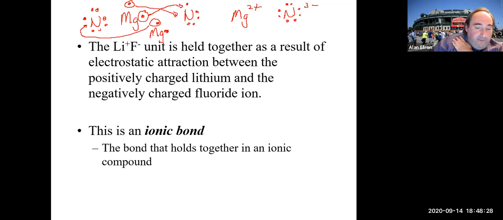But now we have a problem with the second magnesium. He cannot get to neon's configuration because he wants to lose 1 more, which means we need another nitrogen. He's got to lose 1, but that's only going to give him 6 electrons. So we need 1 more magnesium with 2. And he will go 1 and 1 more there.